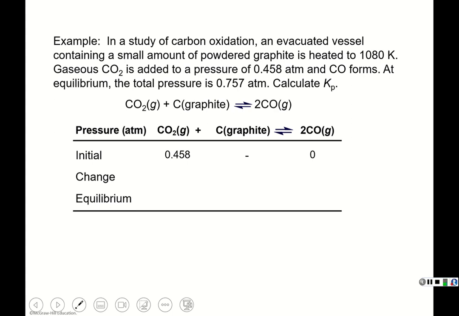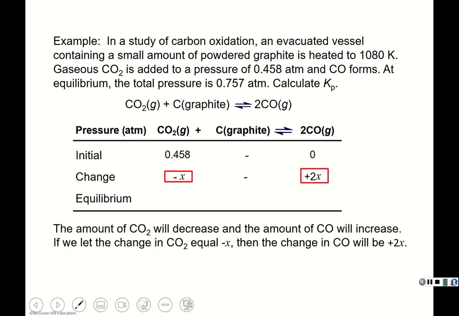Okay, how do they change? Well, we know the reactant CO2 is going to go down, and we know carbon monoxide will go up, and it will go up 2 times as fast as carbon dioxide goes down, because the mole ratio here is 1 mole of CO2 to 2 moles of CO. So if we use the variable x, we're going to be losing carbon dioxide, so we write in minus x for that change.